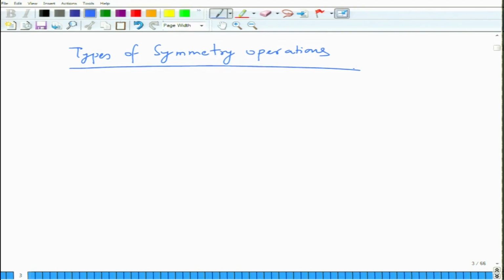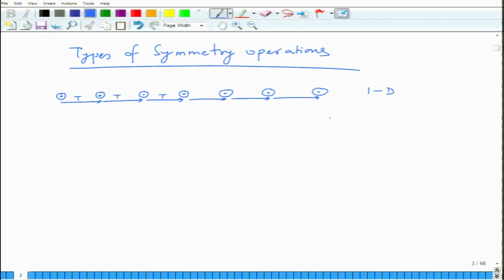Actually, the first one we should call translational, because if you start from a 1D lattice, and you put an atom here, you can see that if you move from this point to that point by a vector t in an infinite array of points in 1D, then this lattice translation vector t brings me into the position of self coincidence, because if this point is identical to that point, then this is the translation.